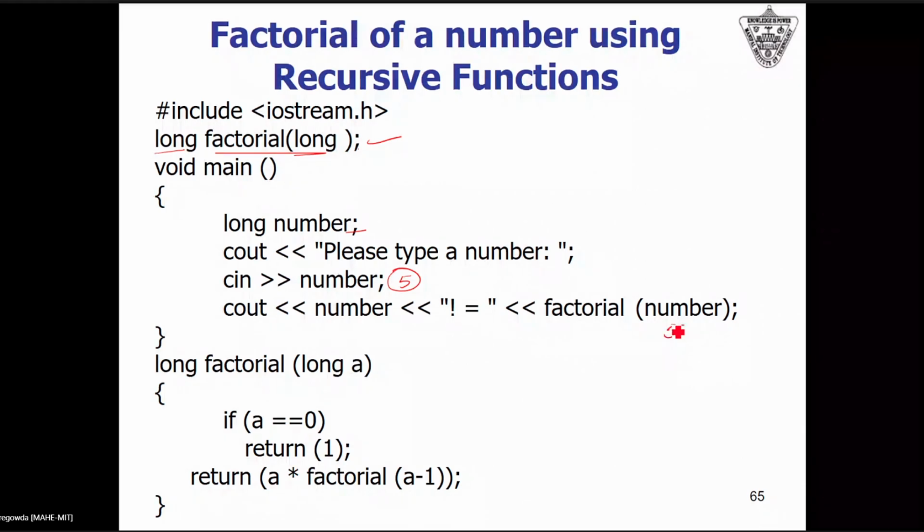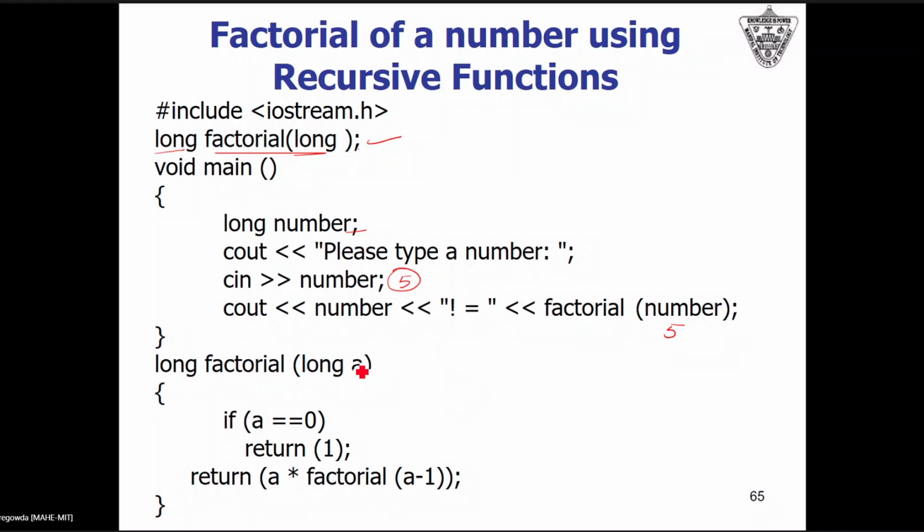The working of this function is explained in the previous slide. You enter this function with the value 5 here. Since a is not equal to 0, you come here, so initially 5 into factorial of a minus 1, that is 4. You invoke the same function.